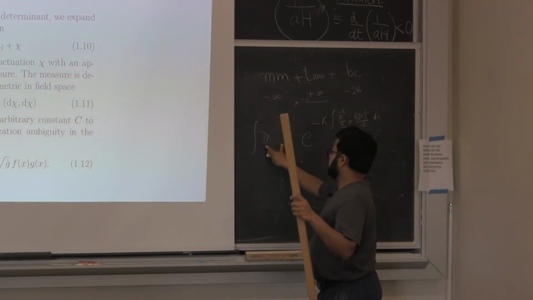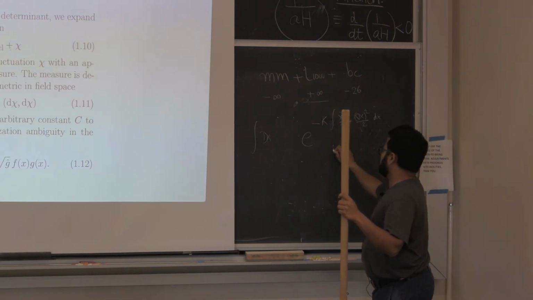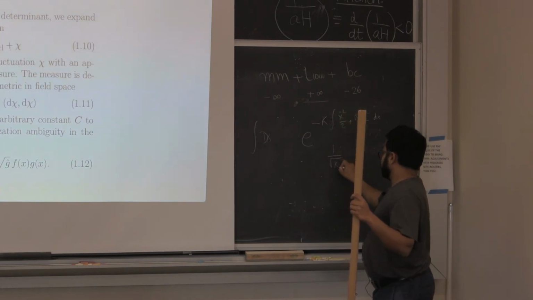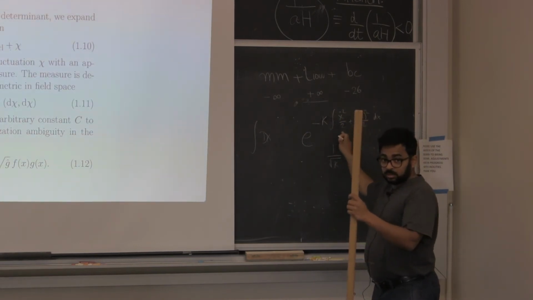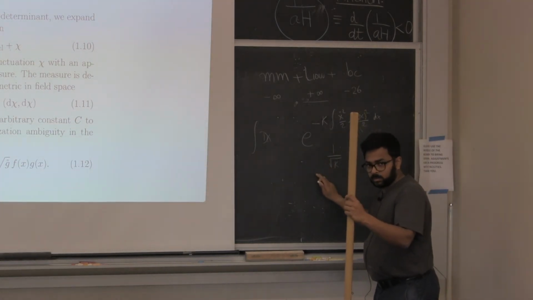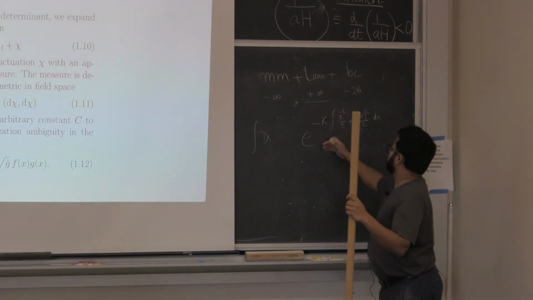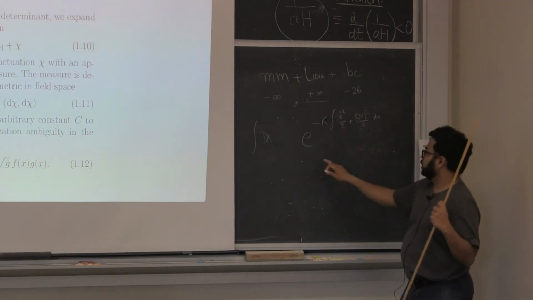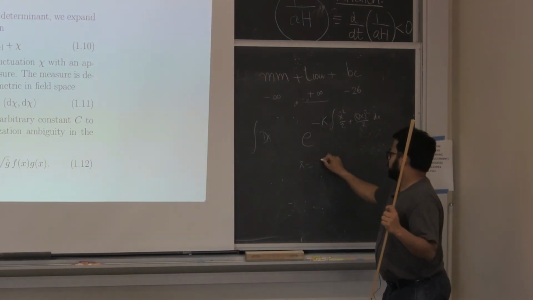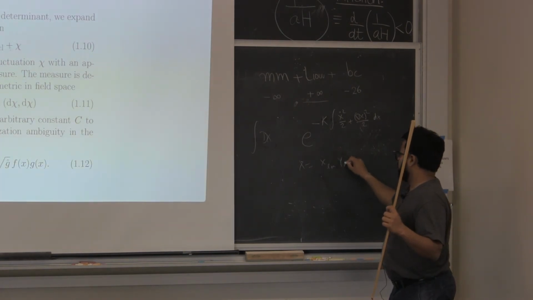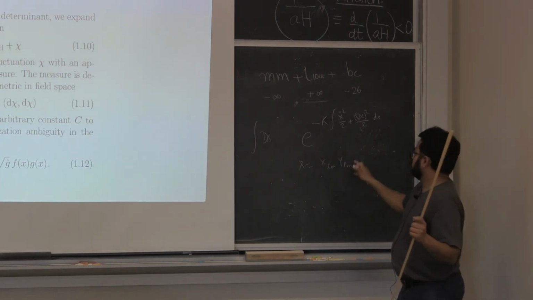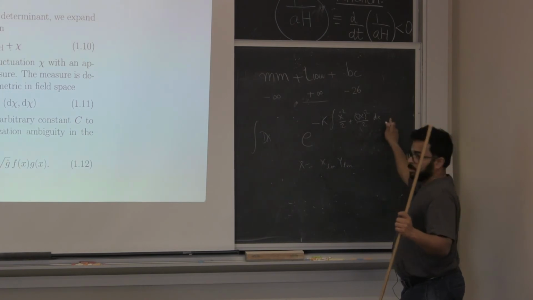The c's just come here. When you do the Gaussian integral here, you just get factors of 1 over square root of k from the various Gaussian integrals. The c and the k are not related, because it's just very explicit, right? I mean, here you will expand x as some x_lm, and you will write the action in terms of x_lm's.